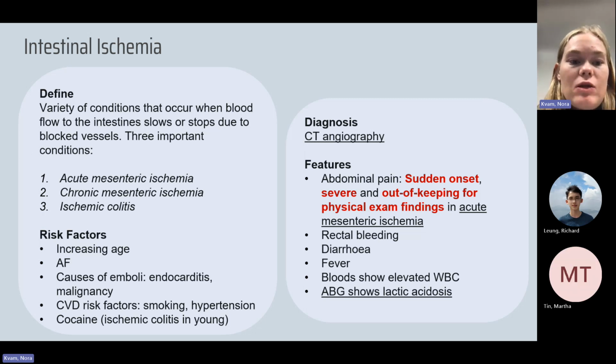In more chronic ischemia, you develop lactic acidosis as well, because of course you have tissue ischemia over time. That can also develop in acute ischemia, but from what I understand, in chronic ischemia a raised lactate is more indicative, though in acute ischemia it can also happen.